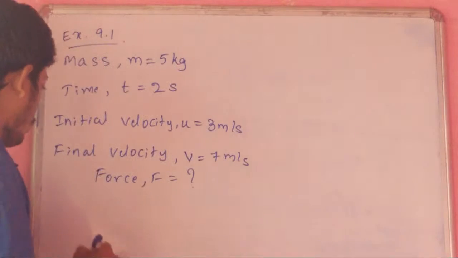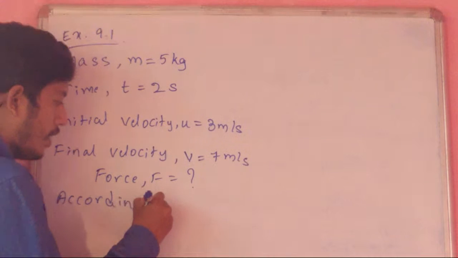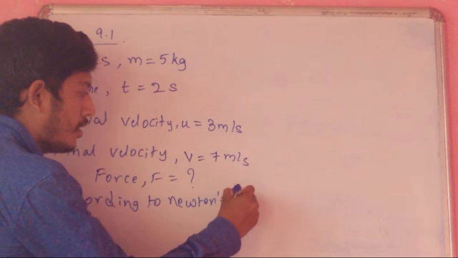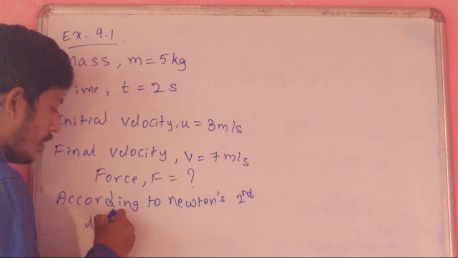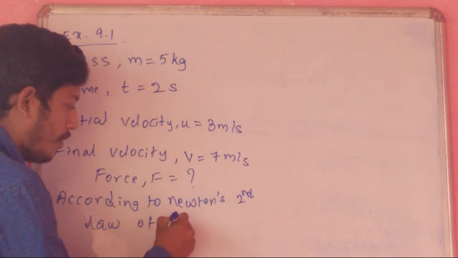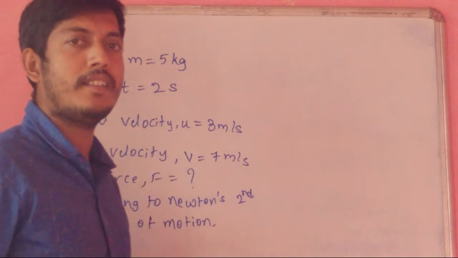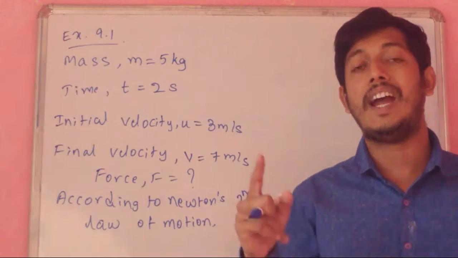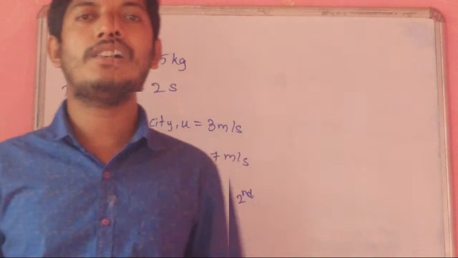So according to Newton's second law of motion, what does it tell? It tells that acceleration given to a body is directly proportional to the applied force and in the direction of the force, and it is inversely proportional to the mass of the object.